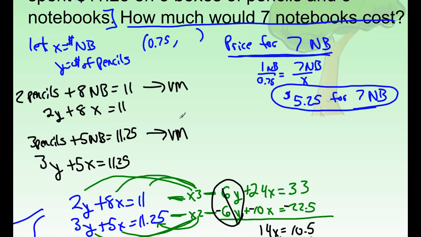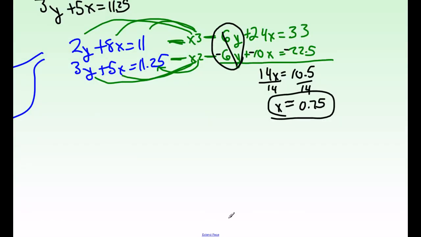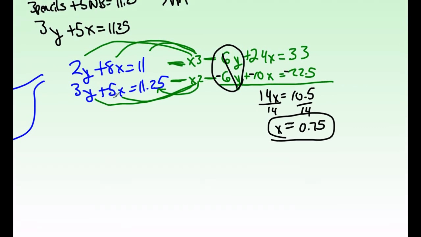Now, I did say I wanted to find the value of y simply because it's practice solving the system of equations. So if the x value is 0.75, let's go ahead and find the y value. I'm going to plug this x into one of my equations. I guess it doesn't really matter. I'm going to plug it into the top equation.